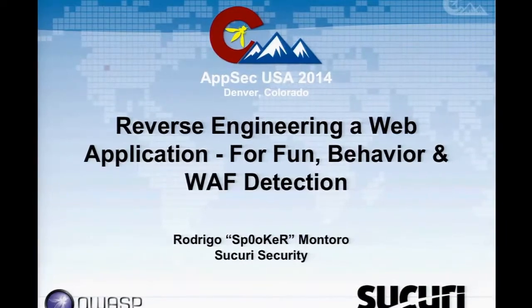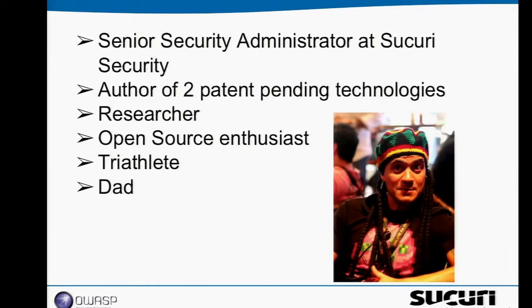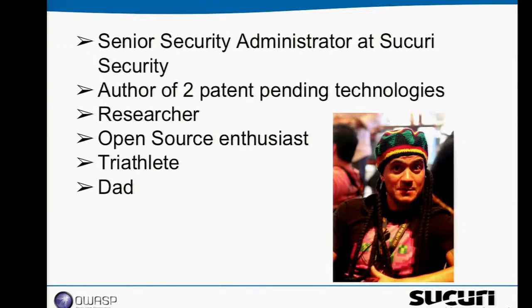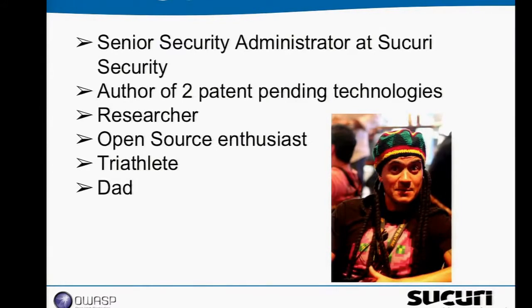Just a quick introduction. I work as a security administrator at Sucuri. I have 2 patent pending technologies. I used to do research, and so I started to have pictures like this. So I moved back to system administrator because I was getting too crazy. I'm an open source guy.